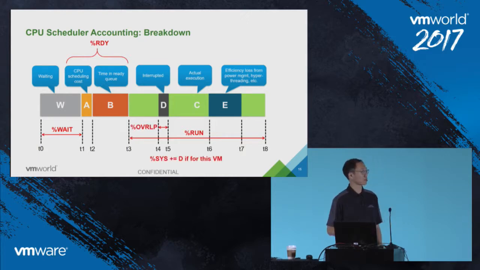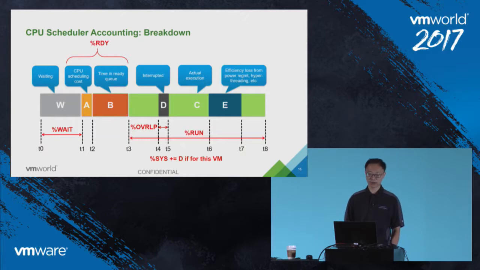Now the tricky part comes here. The D, the interrupt time, is what we call overlap time, which needs to be taken out from the runtime to correctly reflect the amount of work done for this VM. And this D is actually doing work for this VM, so we need to add this back as system time.